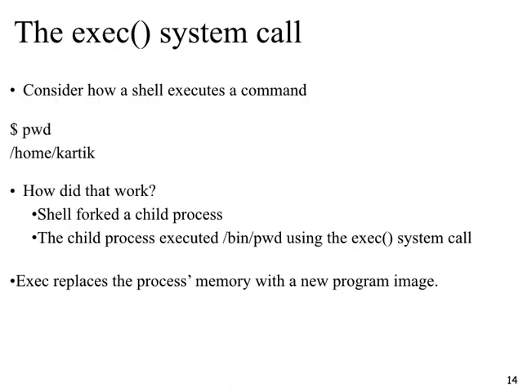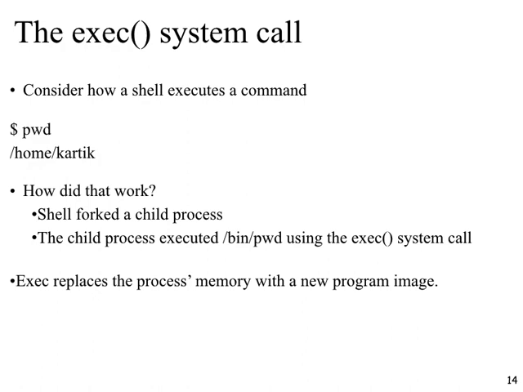Next, we will take a look at the exec system call, which allows a process to execute a completely new executable file. So, for example, let's consider how a shell executes a command. On a command line, you type the command, and the typed command runs.